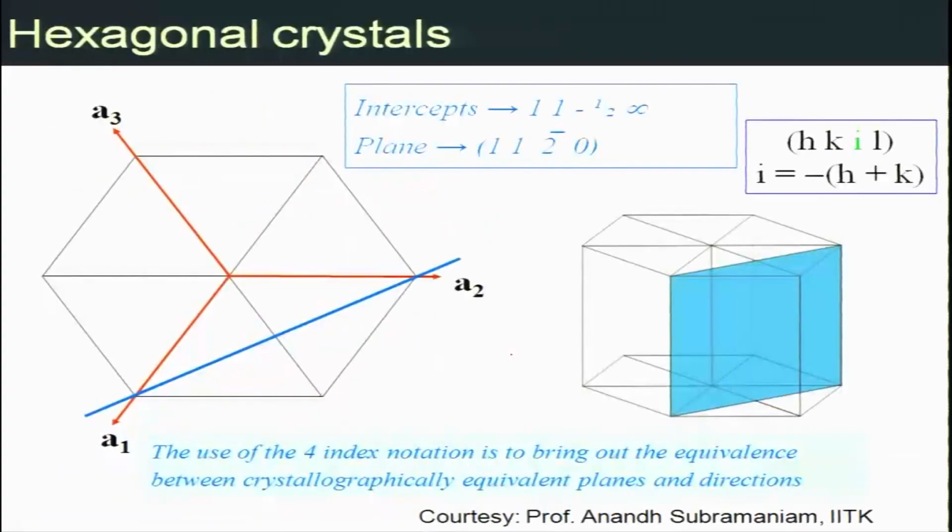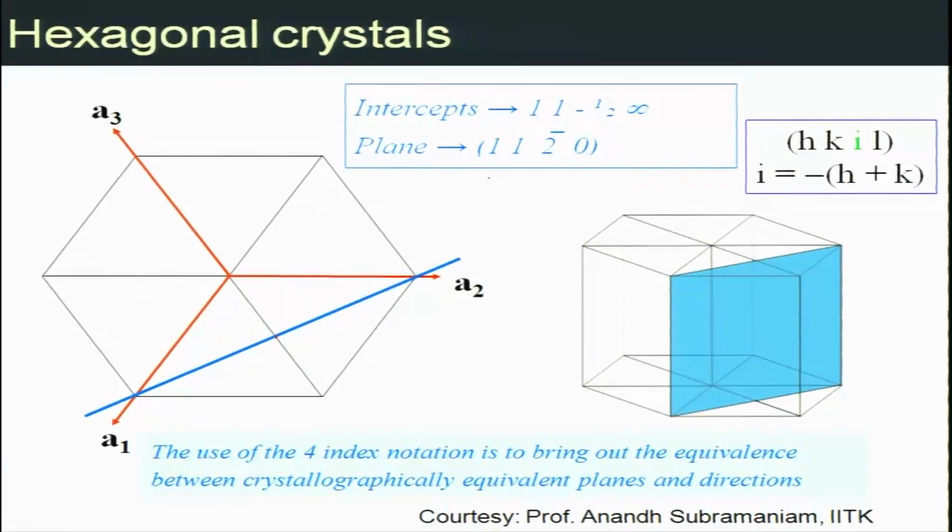So now I'll give you some more examples of hexagonal crystals. This is courtesy Professor Anand Subramaniam. He has made very nice slides on these crystallography. So this is about, as I said, the 1 1 bar 2 0 plane. So 1 1 bar 2 0 plane is nothing but 1 along A1, 1 along A2, and by default the 3rd intercept, which is minus 2, which is actually half, right?